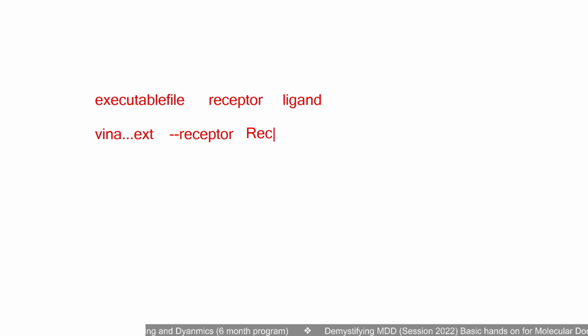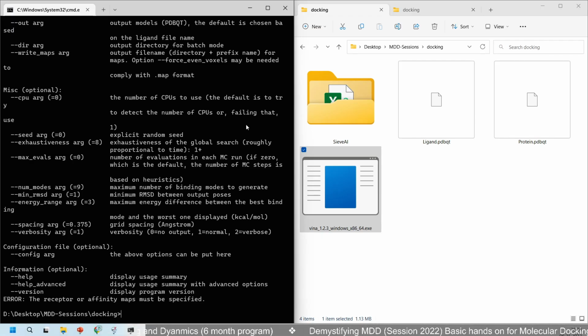The receptor name is, sorry, protein. What's the name? I'm just checking it. Okay, yes, capital P. So the exe file, and I need to tell it receptor and then ligand and some other parameters.